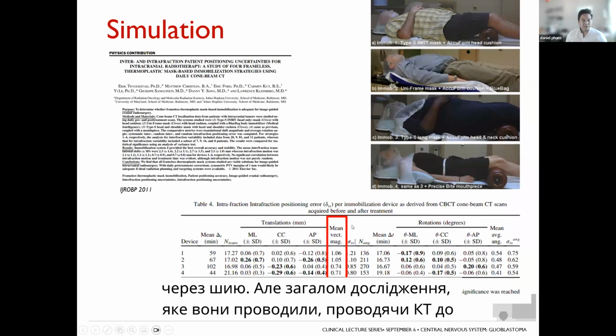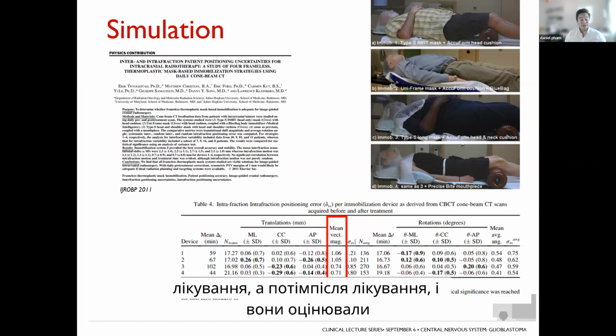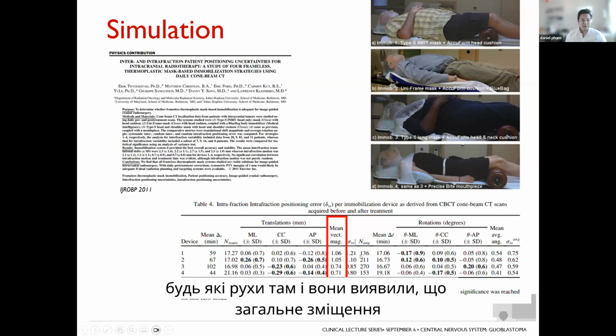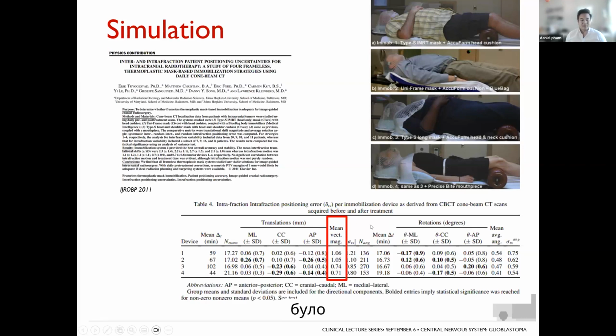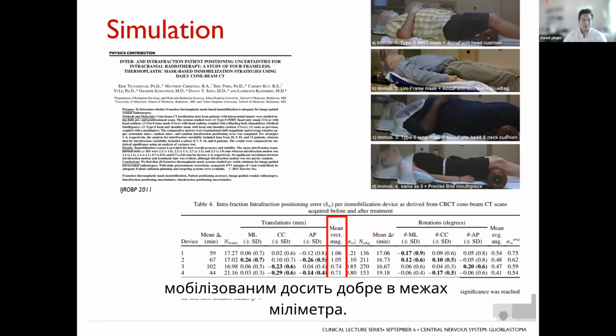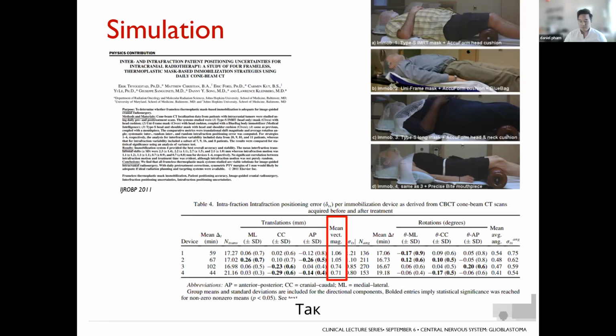Overall, in this study, they did cone beam CTs before treatment, and then they also did cone beam CTs after treatment, and they evaluated any motion, and they found that the overall displacement was within a millimeter. So these masks can keep the patient immobilized quite well, within a millimeter.